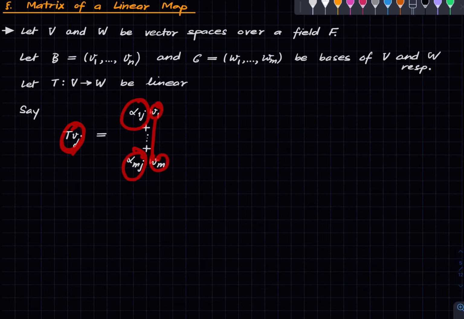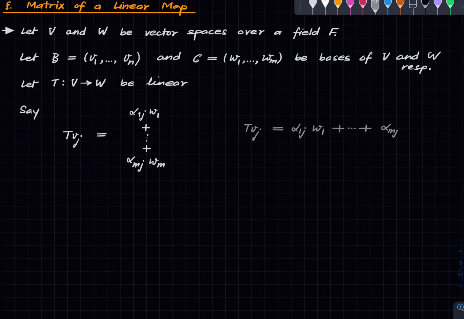You will get some scalars. We are just giving them names alpha 1 comma j up to alpha m comma j. So in the usual horizontal way of writing, we would have written this thing.